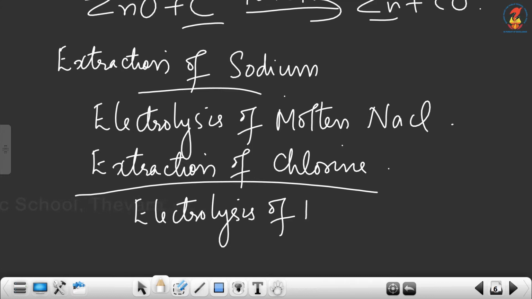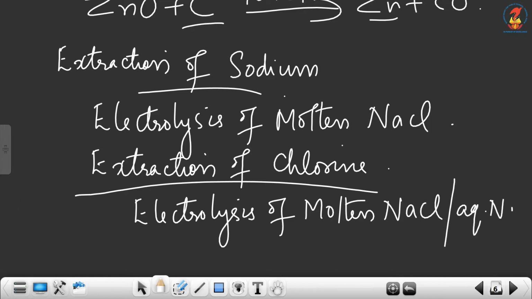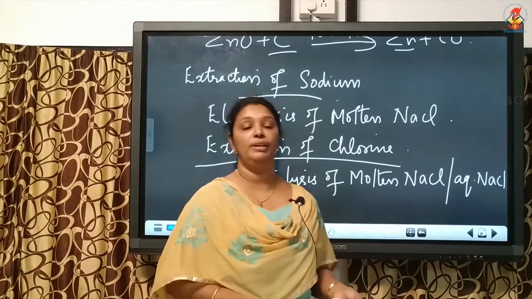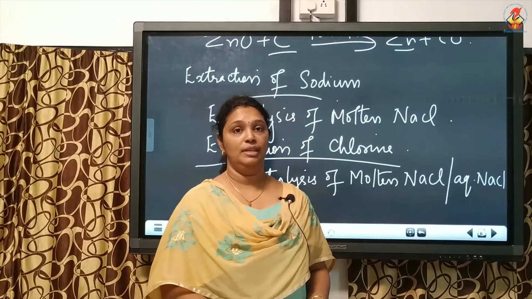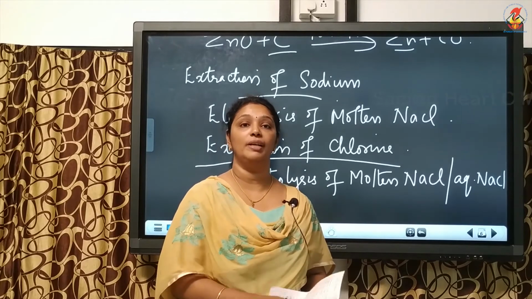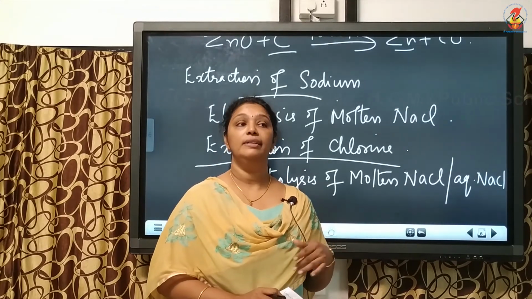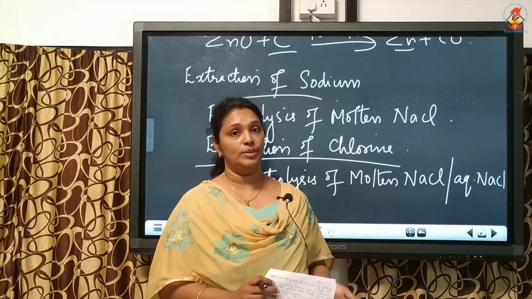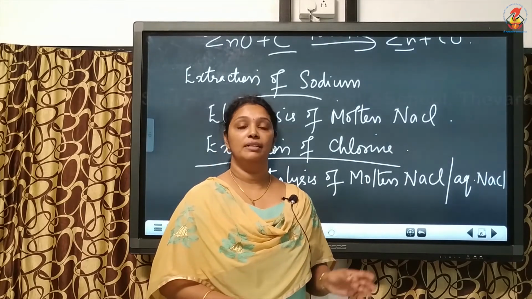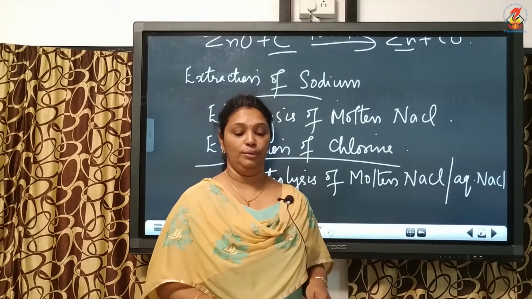Electrolysis of molten sodium chloride or aqueous sodium chloride. Now in both the cases we get chlorine gas evolved at anode. So again I want you to refer the chapter electrochemistry to study the electrolysis of sodium chloride, molten and aqueous sodium chloride. So the extraction of sodium and chlorine.